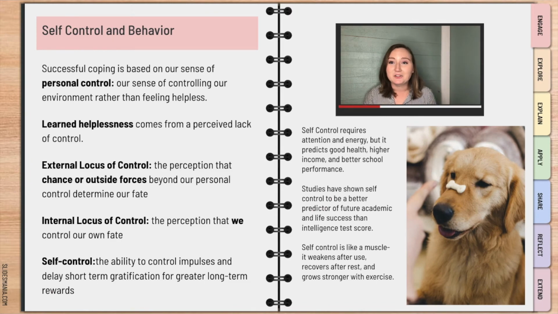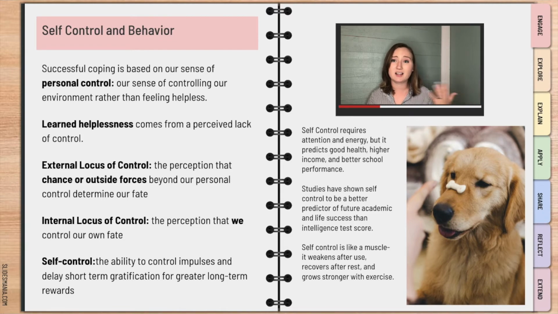Let's talk about self-control. Self-control has a lot to do with your behaviors, obviously. Your successful coping with the things that go on around you is based on your sense of personal control, your sense of feeling like you control something in your environment rather than feeling helpless.